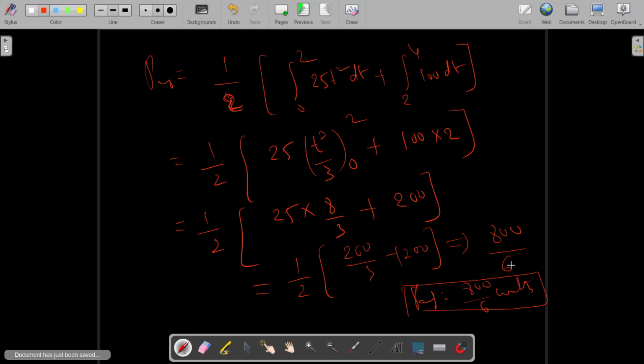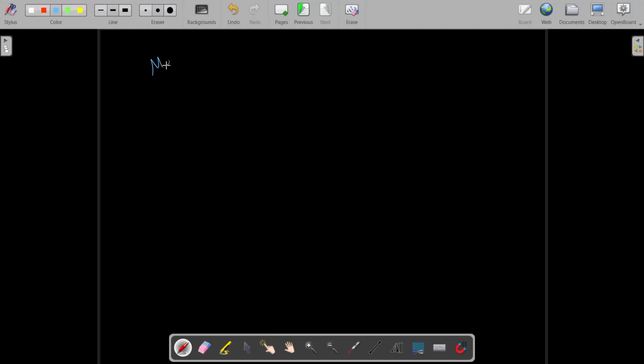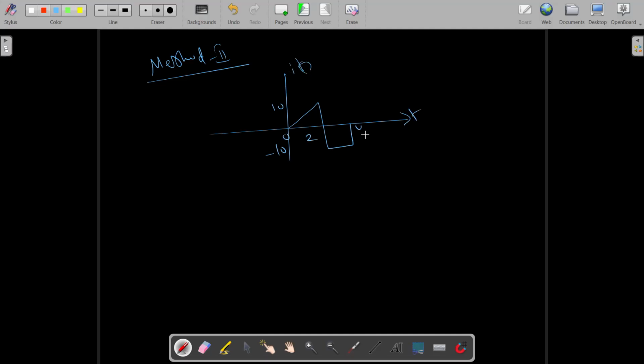Let us go to method 2 and solve this. In method 2 we will solve this by inspection. So this is the portion 10 to minus 10, and this is i of t from 0 to 4. All we need is the energy for this signal. For that we need to square this.